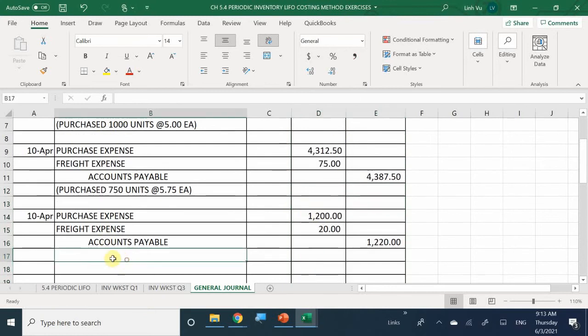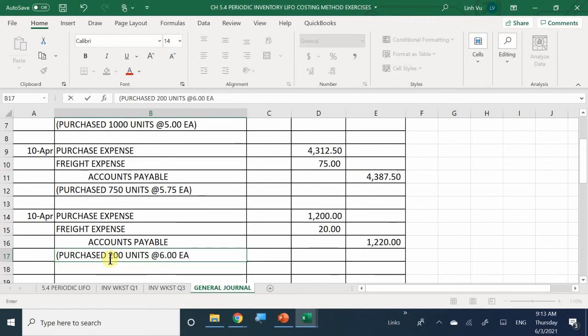Okay. And of course, I also need to make a little note here that I purchased 200 units at $6 each. Isn't that 6.10?